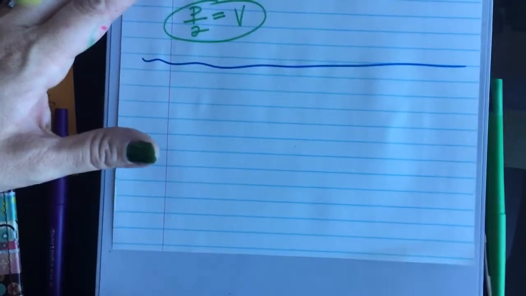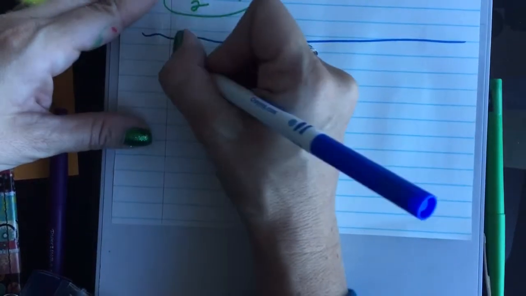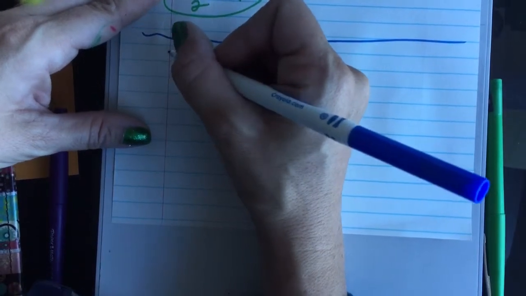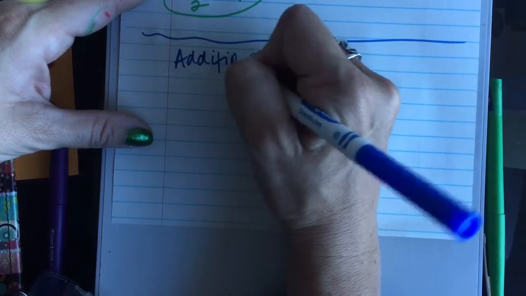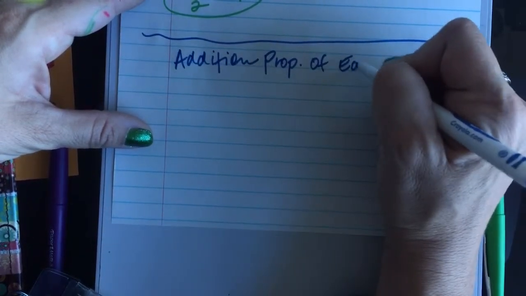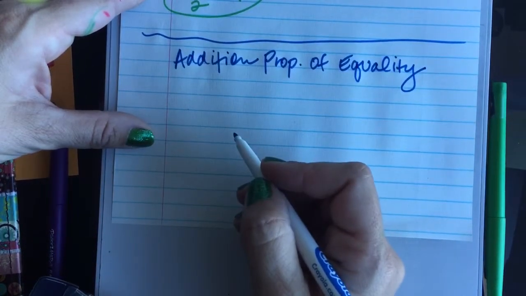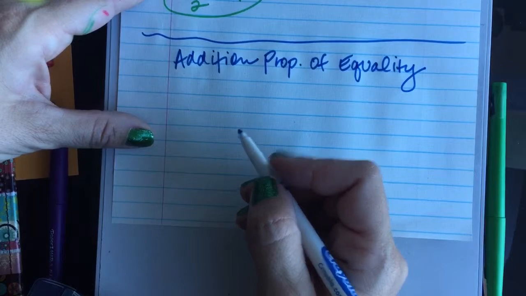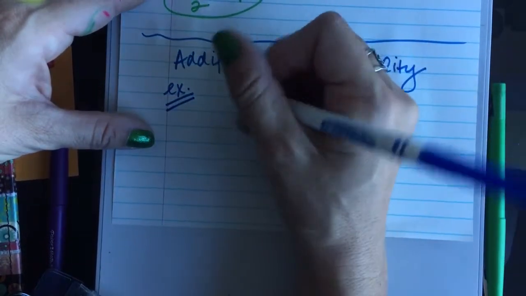So 2.4 properties, a couple of 2.4 properties that I want to give you examples of how they're used in geometry. One of the properties, let's talk about the addition property of equality. We've used it in terms of solving equations, but I'd like you to see it in a geometric setting. So I'm just going to give you an example of how we would use this.